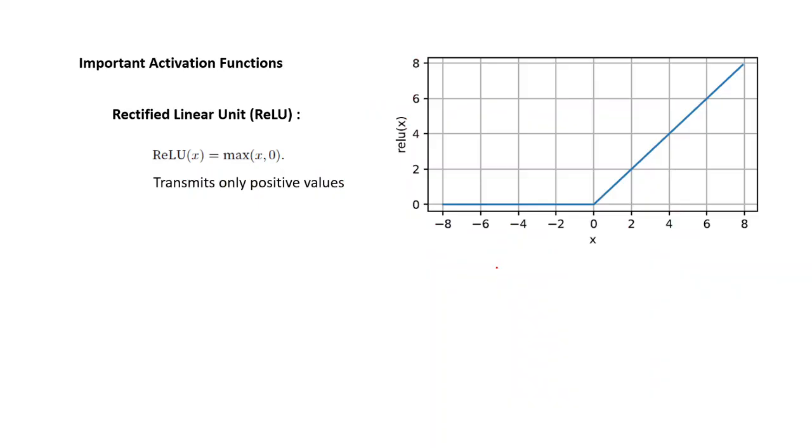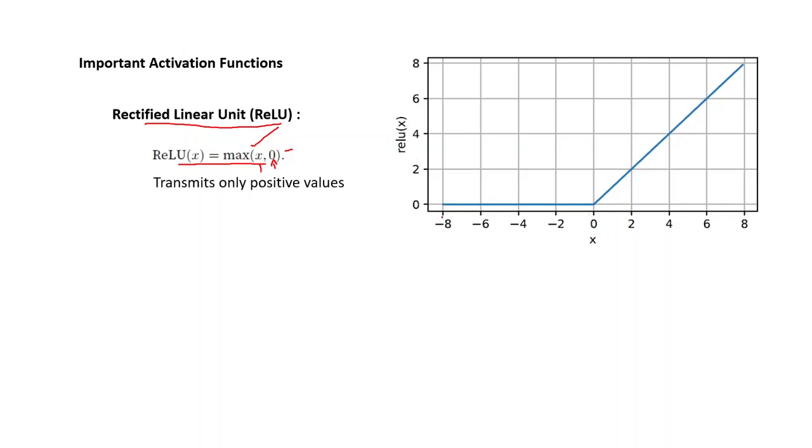Now moving on to the next function, we use the rectified linear unit function, or the ReLU function, where this is the equation of the ReLU function, where it outputs the maximum of x and 0. So what it does is transmit only the positive values. As you can see in here, this is the value of x.